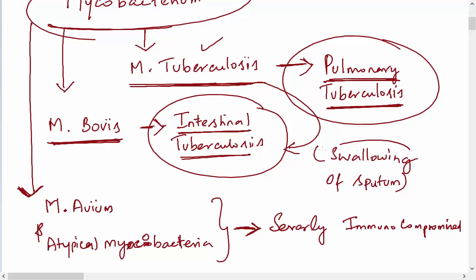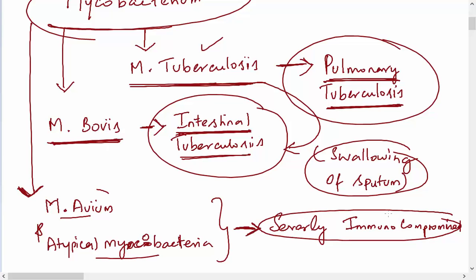If the person swallows the sputum, then even Mycobacterium tuberculosis can affect the intestine. And there is another group, like Mycobacterium avium and atypical mycobacterium, that will infect when the person is severely immunocompromised.